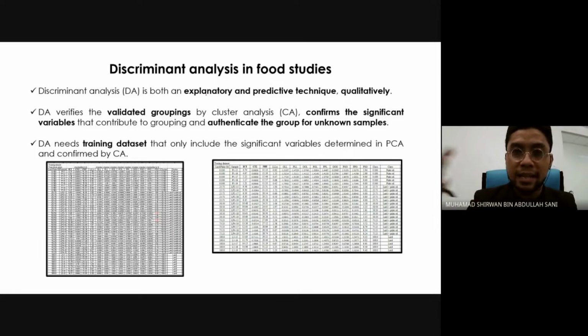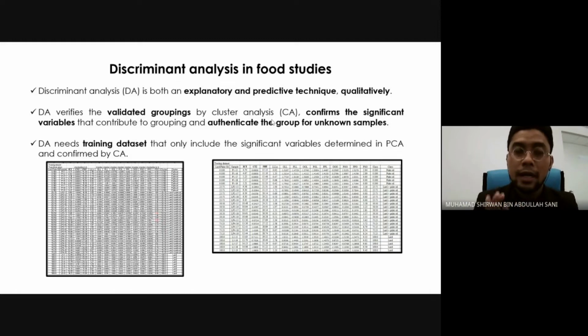They can explain using discriminant analysis. Together with that, the good thing with discriminant analysis is it has a feature to predict your sample. I will show you, but it will be qualitative prediction.